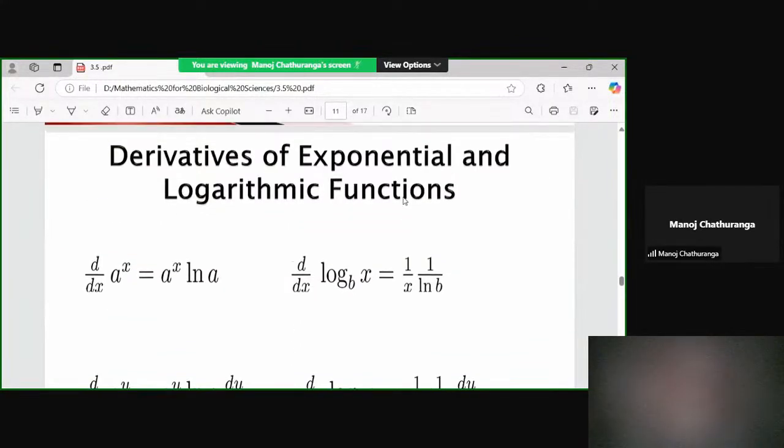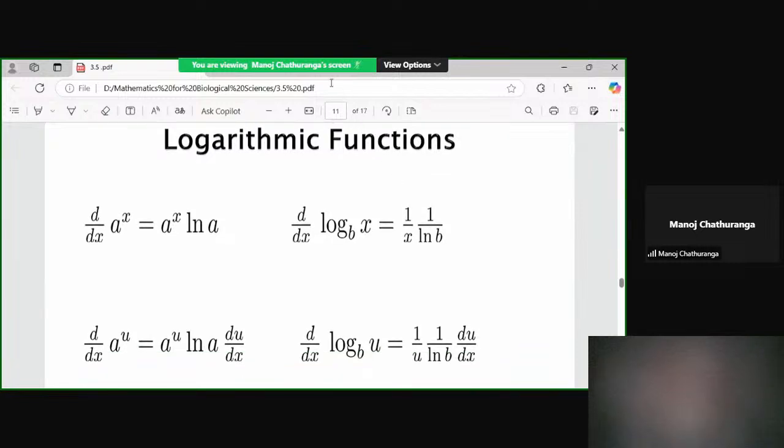Derivatives of exponential and logarithmic functions. This is something we have already done, but in this section, a little bit more is happening. Not just e to the power x. This time, we are differentiating a to the power x. Here, a can be any positive real number different from 1.